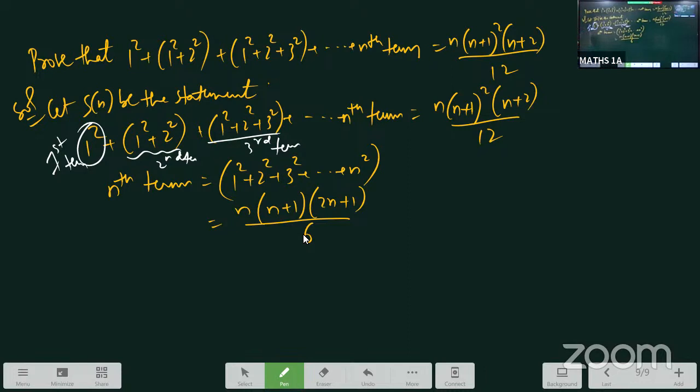N into n plus 1 into 2n plus 1 by 6. That is your nth term. Right? Sum of the squares of first n natural numbers.